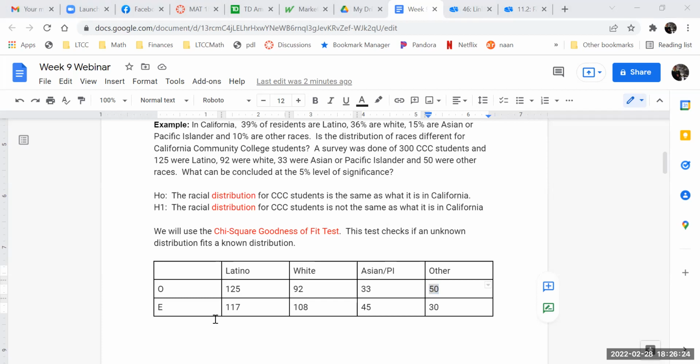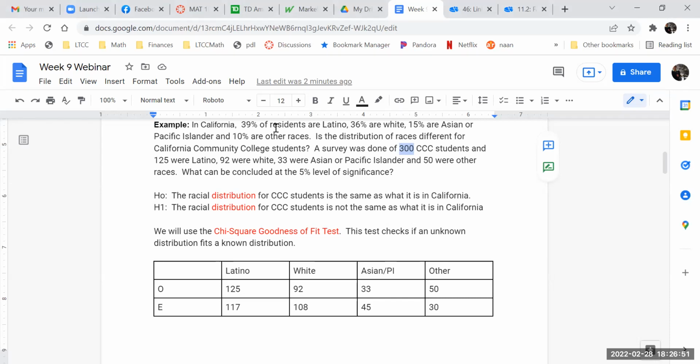Okay, next, we have the expected. That one takes a little bit of work. The observed, I just wrote down. I just looked at the numbers that were given and put them in. The expected takes a little work, not hard work, but you have to know what to do. So the idea here is that a survey was done of 300 California community college students.